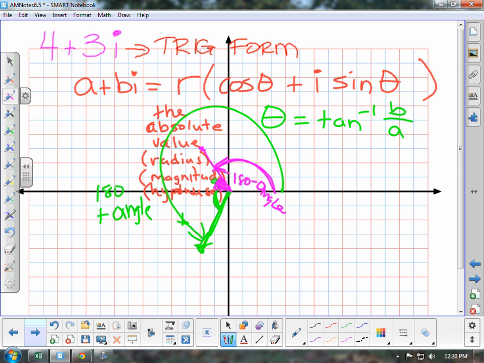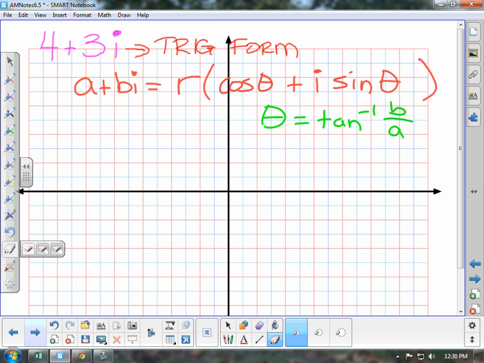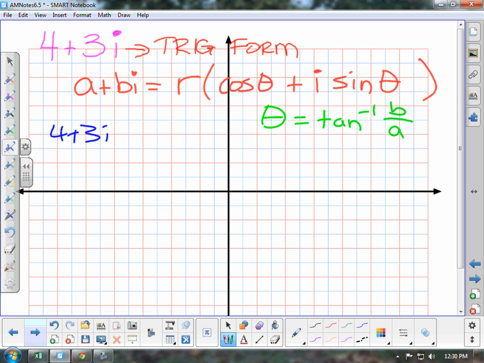So if we were looking at the example that we dealt with to start, 3 plus 4i, or no, 4 plus 3i, then we would be right 4 and up 3.